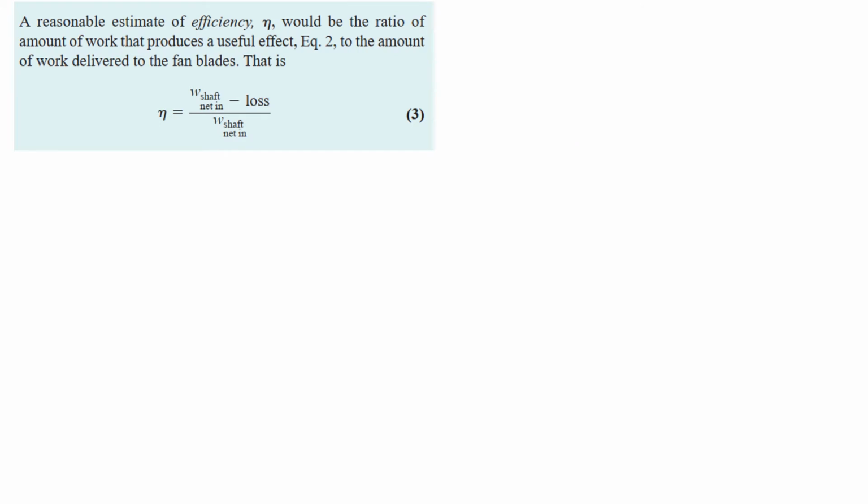So this is what our equation for efficiency will look like. This is the actual work that I defined in the previous slide, the actual work including the losses, and the one without the losses will be my ideal work, that does not include any losses. The ratio of these two will give me my efficiency.